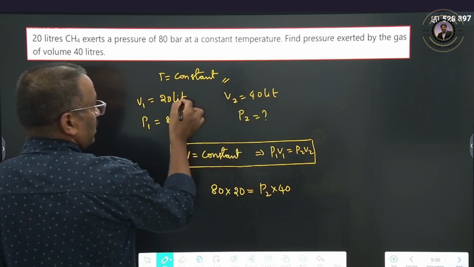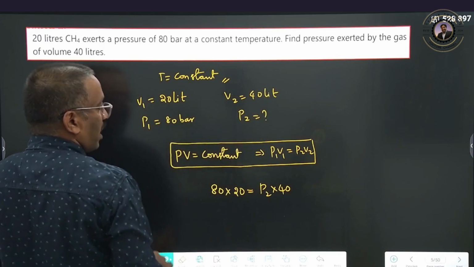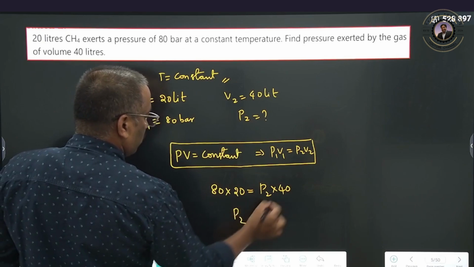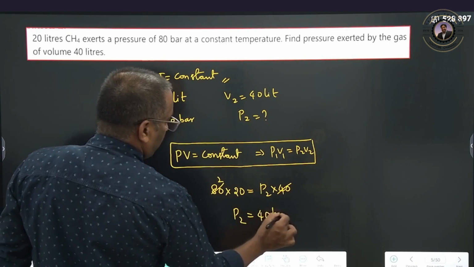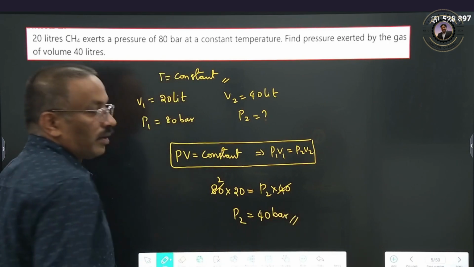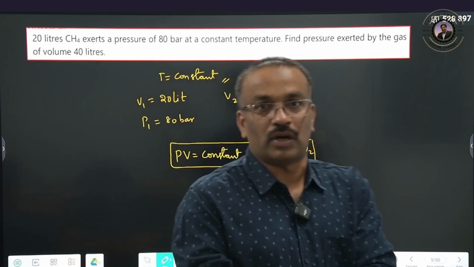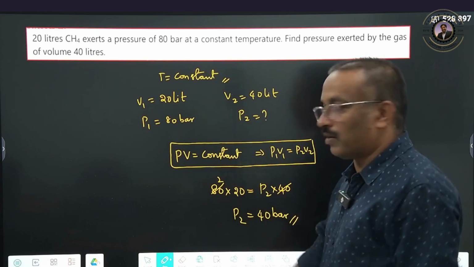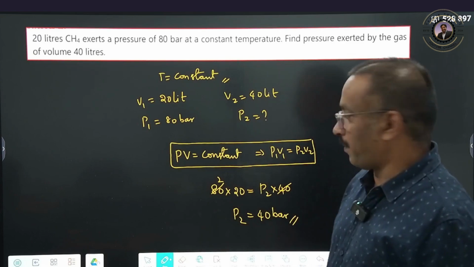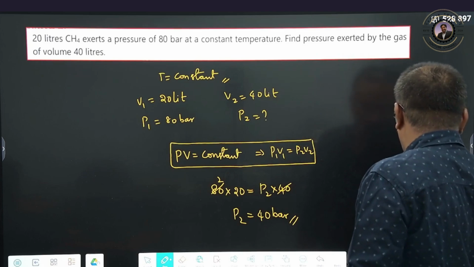The liters cancel on this side, so the answer will be in terms of bar. Therefore P2 is 40 bar. You know how to convert it: 1 bar in terms of pascals, I already discussed in our video. Clear? Now, let us go for another question.